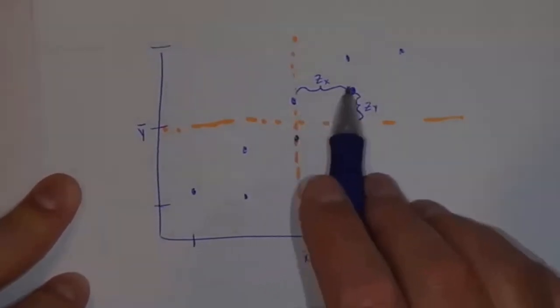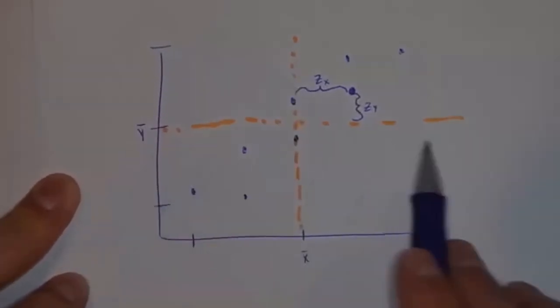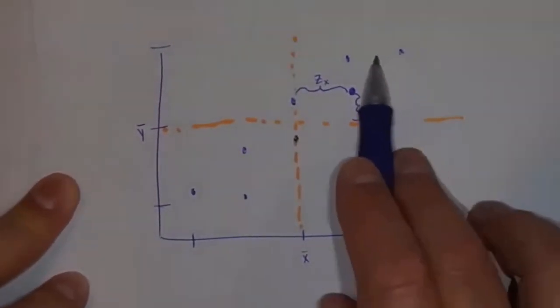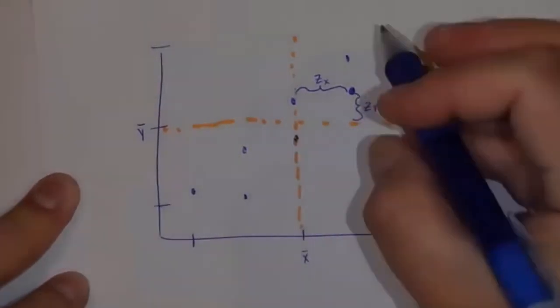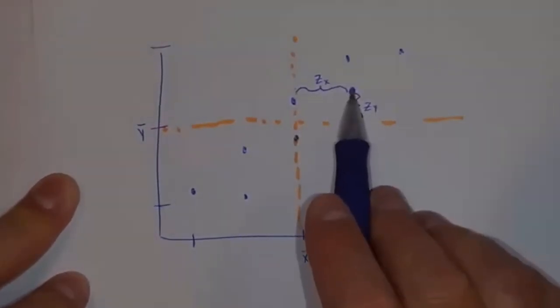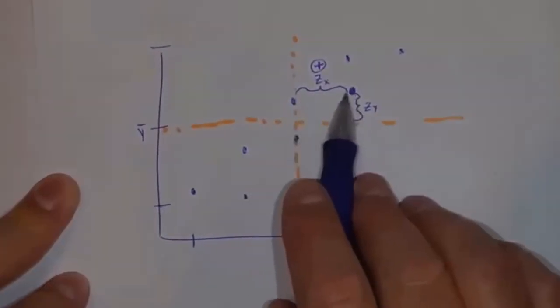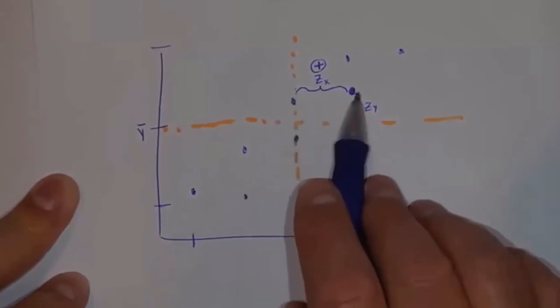Now, the x bar and the y bar kind of divide this into 4 parts. Up here, over here, down here, over here. If I have a point that's up over here, then that point is going to have a positive z-score for x, because that point is bigger than average.